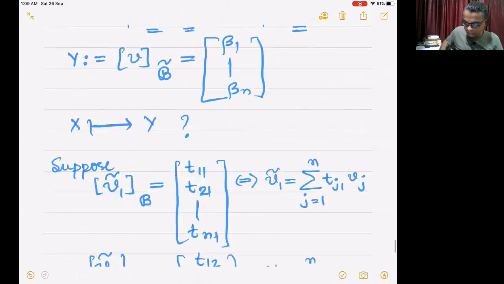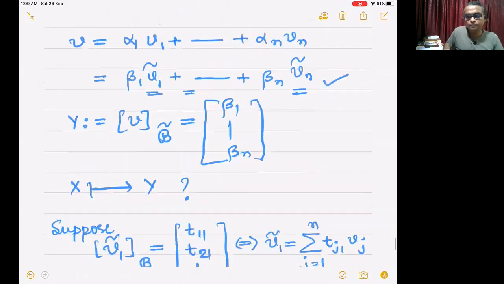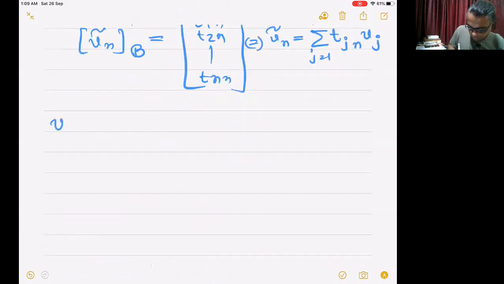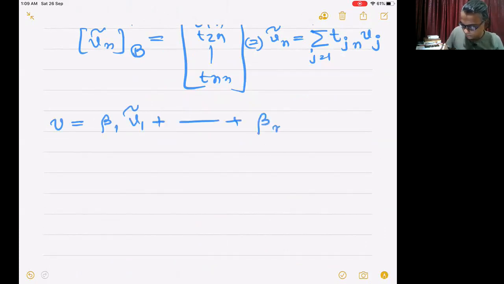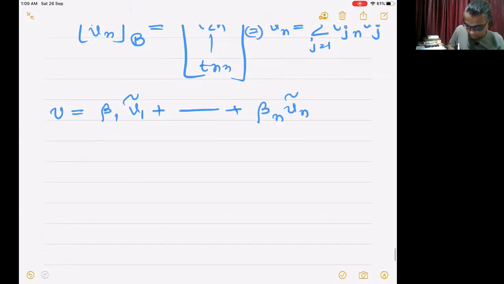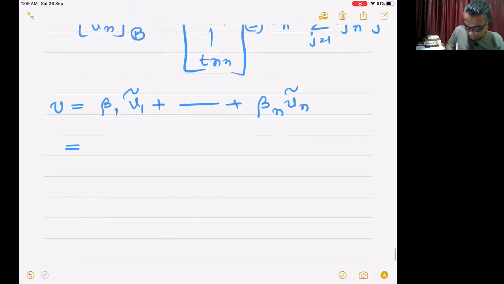That helps us here. You see, v was beta 1 v1 tilde plus dot dot dot up to beta n vn tilde, which is the same as now beta 1 times this linear combination, as we have done before.